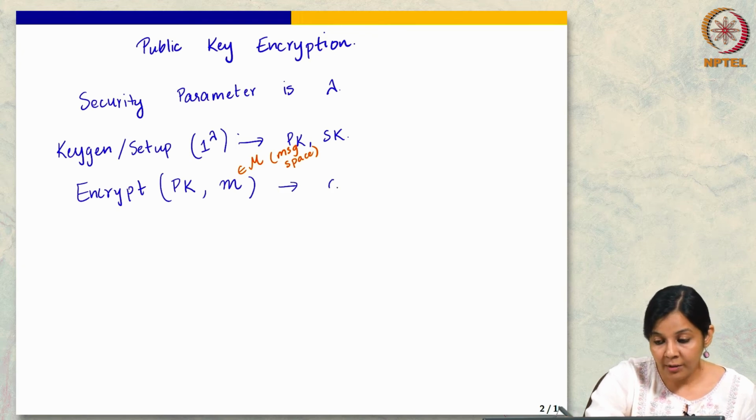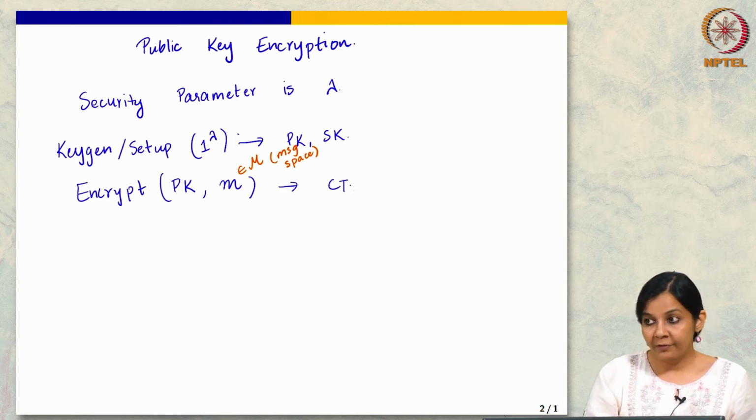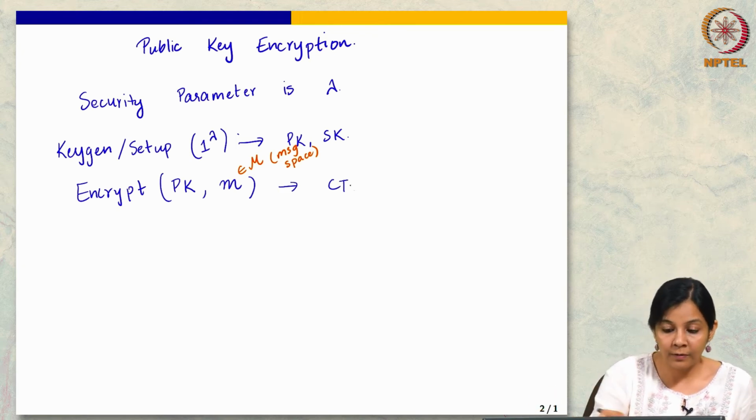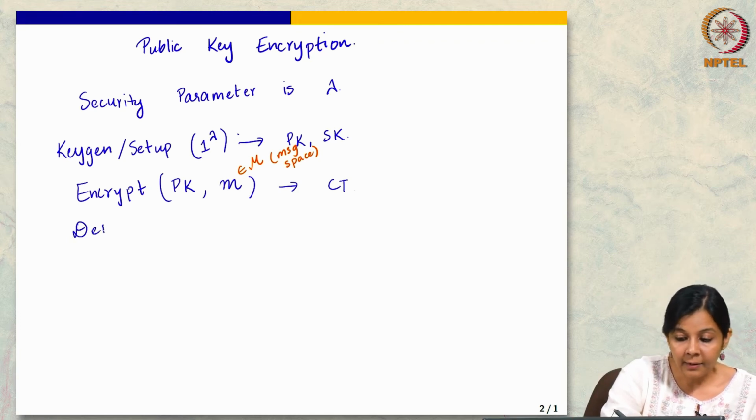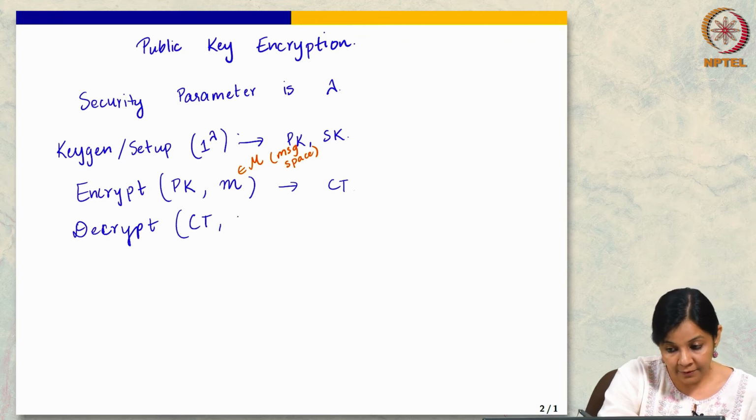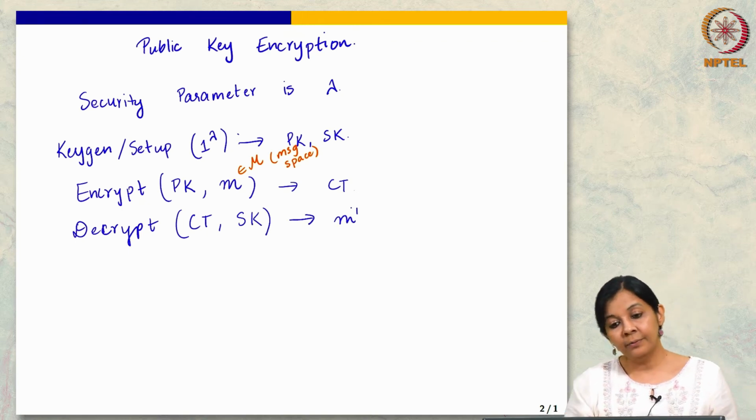Okay, and what should it output? Well, it should output some ciphertext, which we call CT. And then there is decrypt. What this does is that it takes the ciphertext and the secret key and outputs some candidate message M prime.